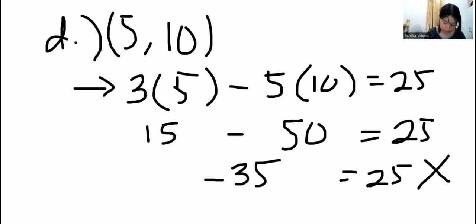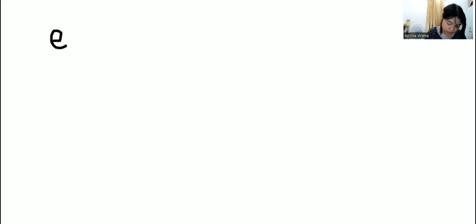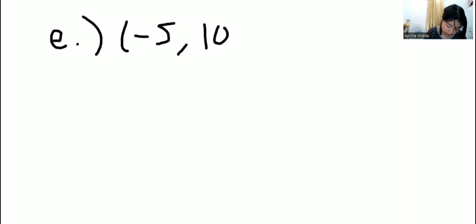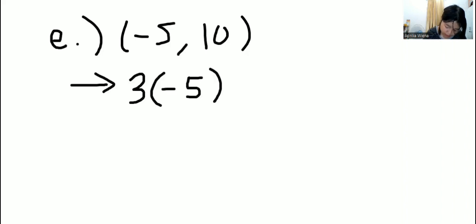And then moving on to the E question, we have minus 5 and 10. Substituted: 3 times minus 5 minus 5 times 10.